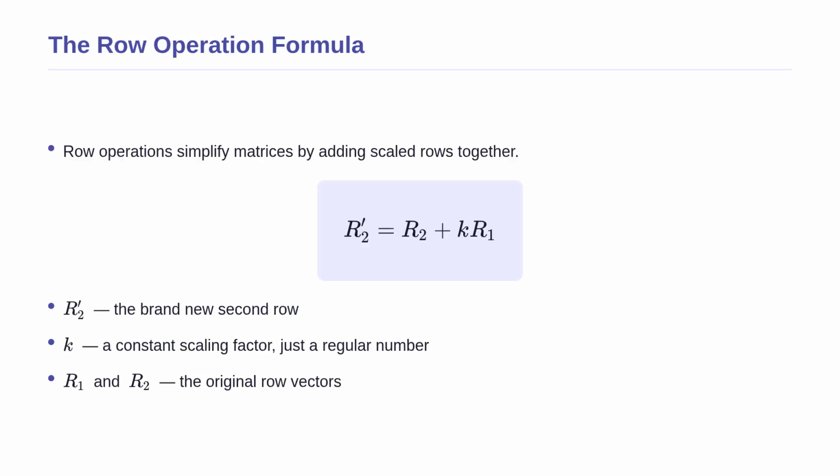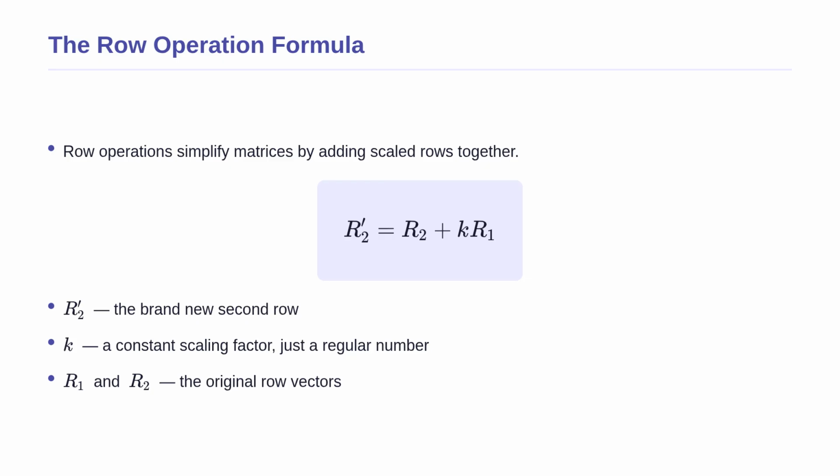This concept of simplifying a matrix relies on a specific mathematical operation. Let us look at the formula for a standard row operation. Conceptually, this comes from the idea that adding a scaled version of one direction to another does not create a new fundamental direction. In this formula, R2 prime is our brand new second row.